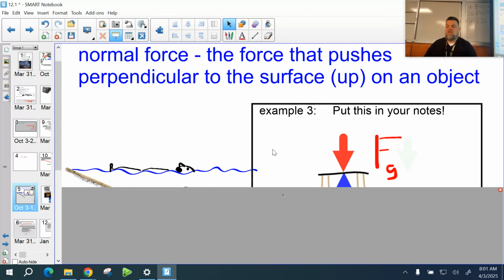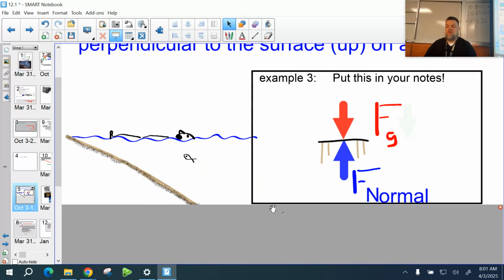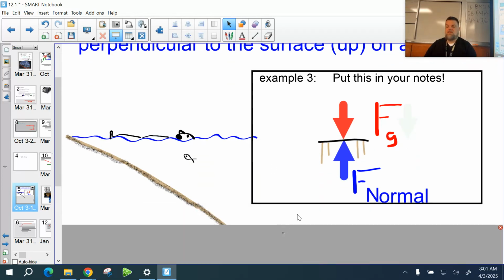All right, I want you to write this out. So really what's going on is if you have the force of gravity pulling down on something, the normal force is pushing up. Equal in magnitude. Notice those two arrows are the same length.